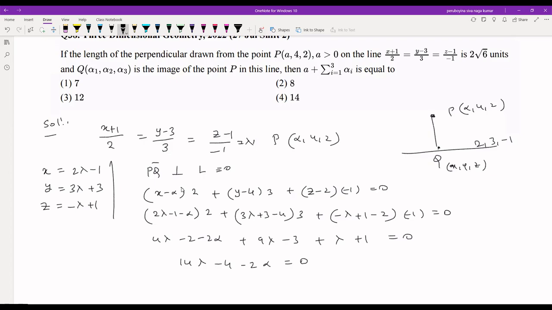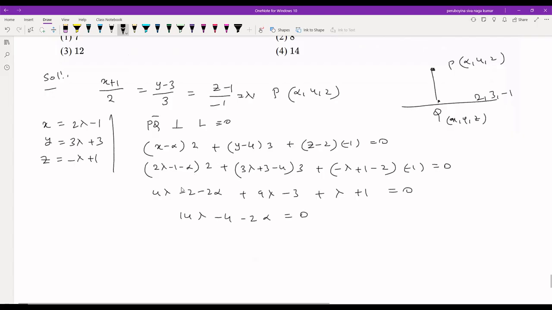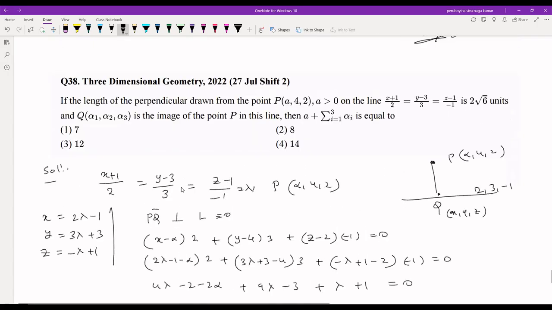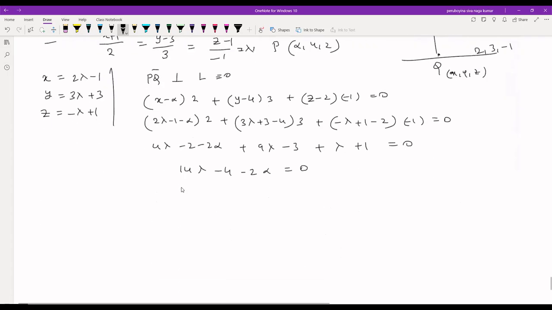He said the perpendicular distance of point P, so the PQ distance is 2 root 6. You can cancel 2: 7 lambda minus 2 minus alpha equal to 0, or 7 lambda minus 2 equals alpha.